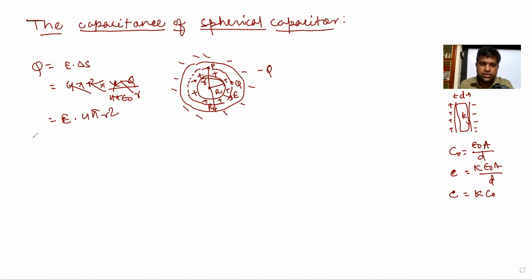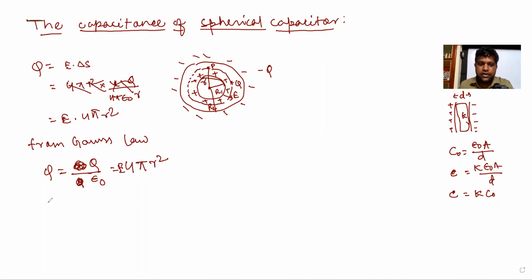And from Gauss law, the flux is equal to Q by epsilon naught, which is equal to E times 4 pi r square. From here you can calculate E equal to Q upon 4 pi epsilon naught r square.